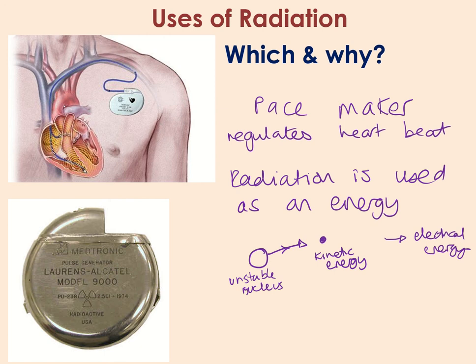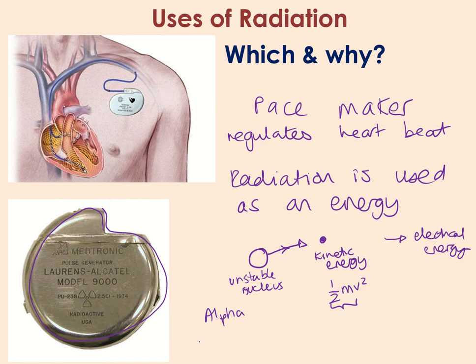The reason it's alpha is A, because alpha has got a mass, and we know that kinetic energy is half mv squared, so it's important that it's got quite a large mass. You may say, well, how could you use alpha in the body, because we know that alpha is very, very ionizing. The whole device is in a metal case, and alpha cannot penetrate metal.